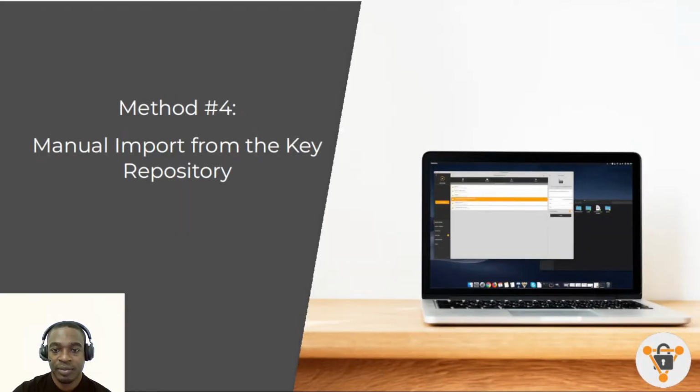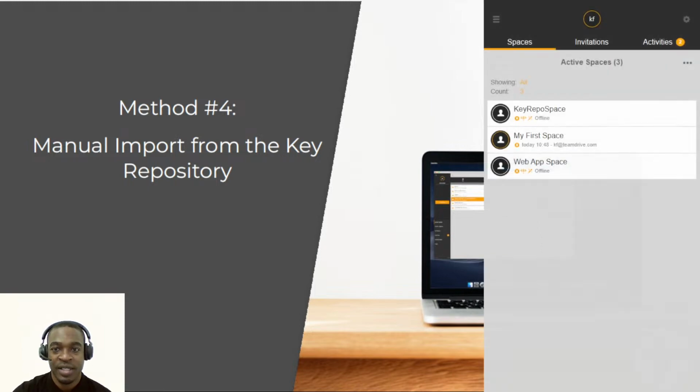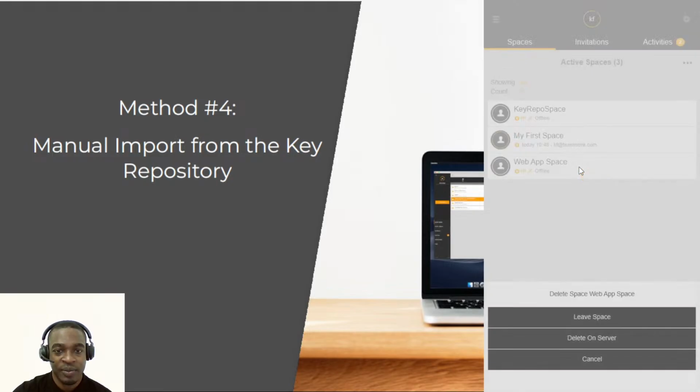Okay, and the final method is a manual import of the key from the key repository. For that, we will continue to work with the same installation. In this case, we can just leave these two spaces for an example.